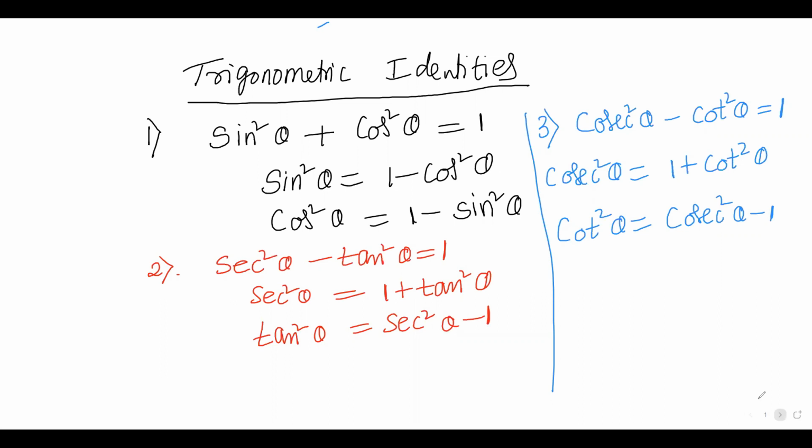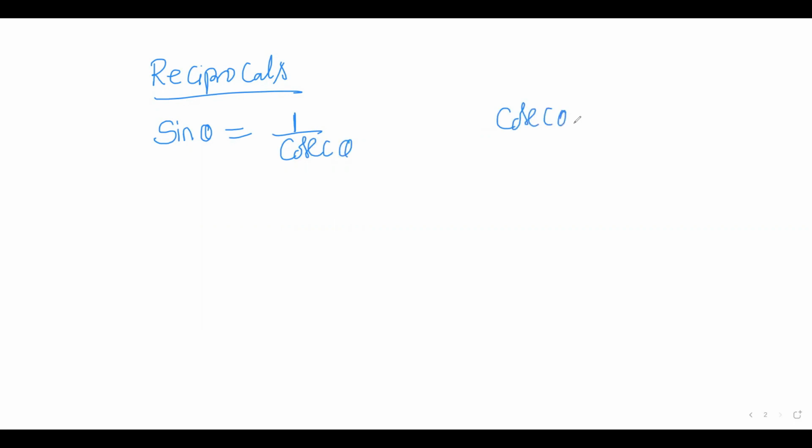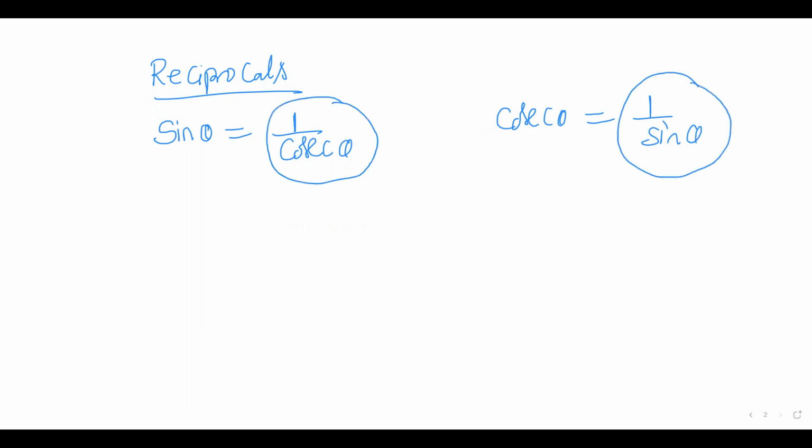Apart from these identities, you should learn reciprocals. Sin theta is equal to 1 by cosec theta. Cosec theta is equal to 1 by sin theta. That means reciprocal of sin is cosec, reciprocal of cosec is sin.